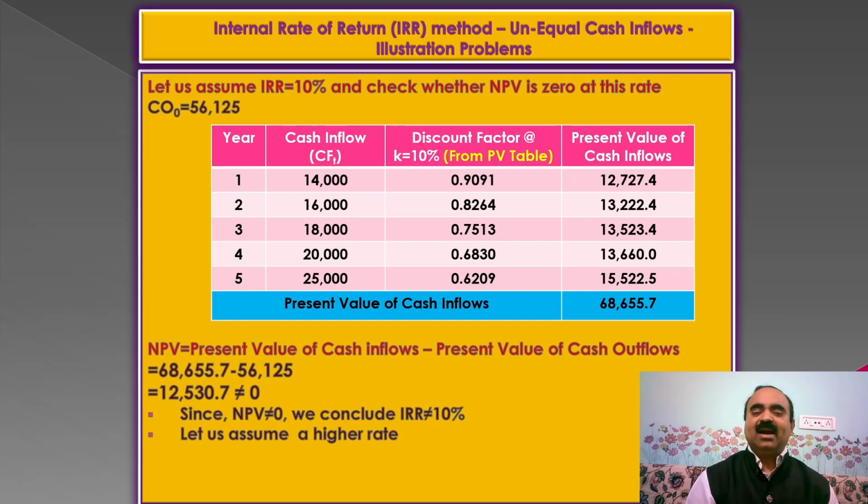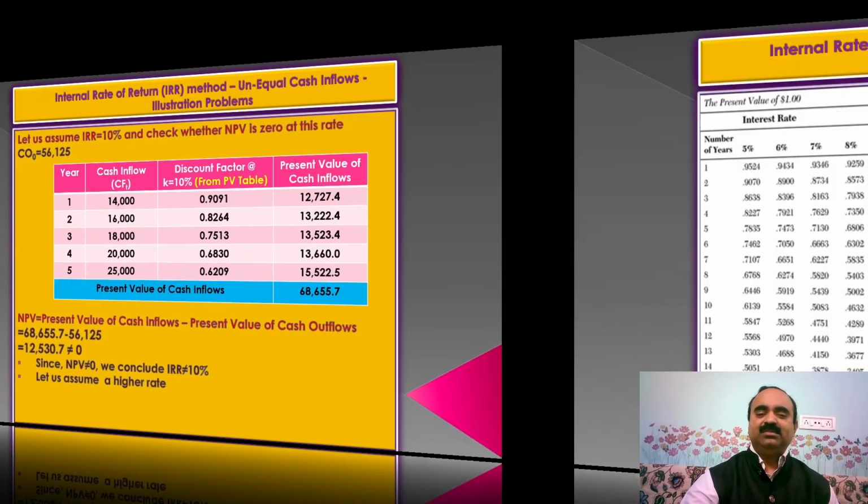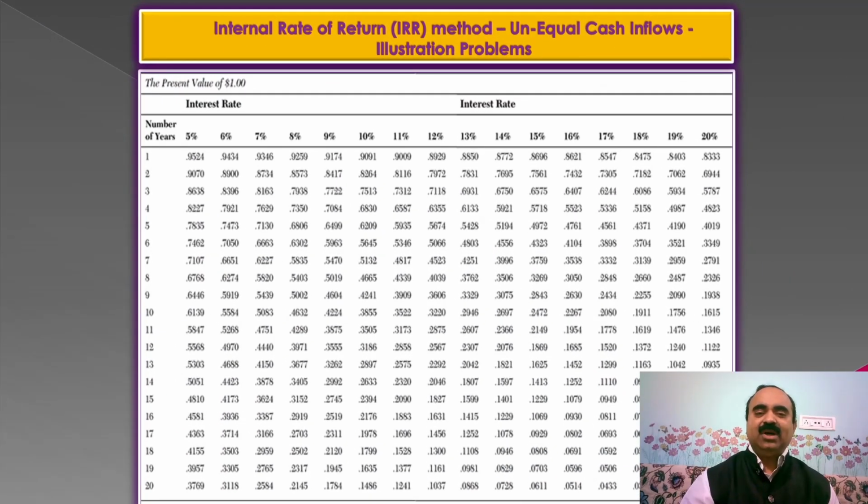And in the third column of the table, I had taken discount factor. Since I assumed IRR as 10%, I had taken discount factor at the rate of K is equal to 10% from present value table. You can observe the present value table on my screen now.